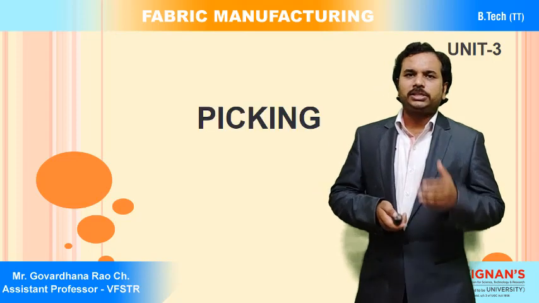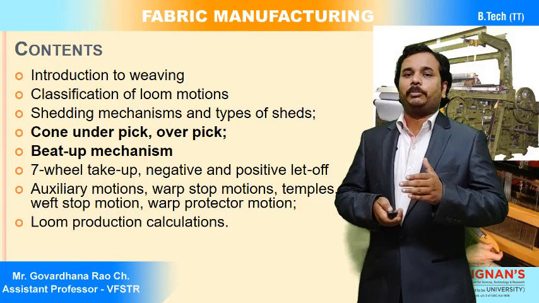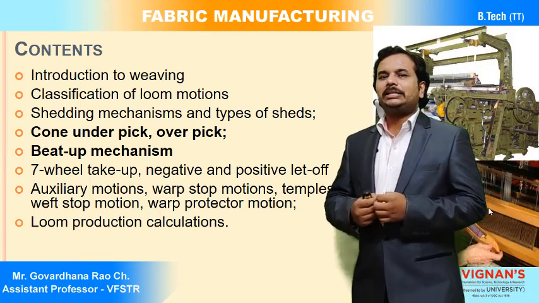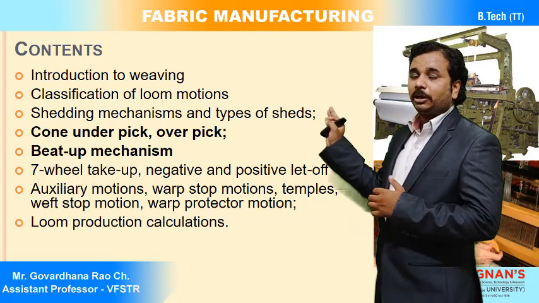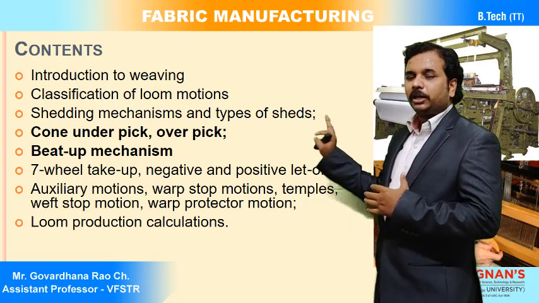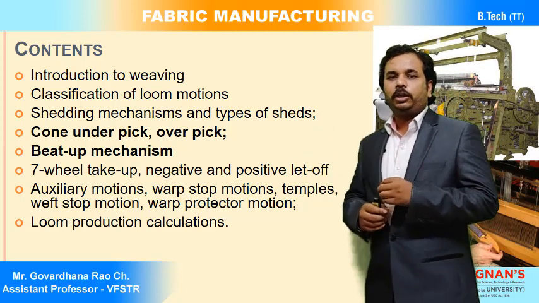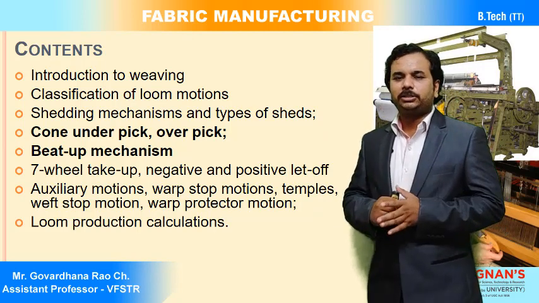So we will see both the picking and the beat up mechanisms in today's session. We will start with what exactly the picking mechanism is. Once again, a look at the contents of the unit: the cone under pick mechanism and cone over pick mechanism, then the beat up mechanism. Cone over pick and under pick come under the picking mechanisms.